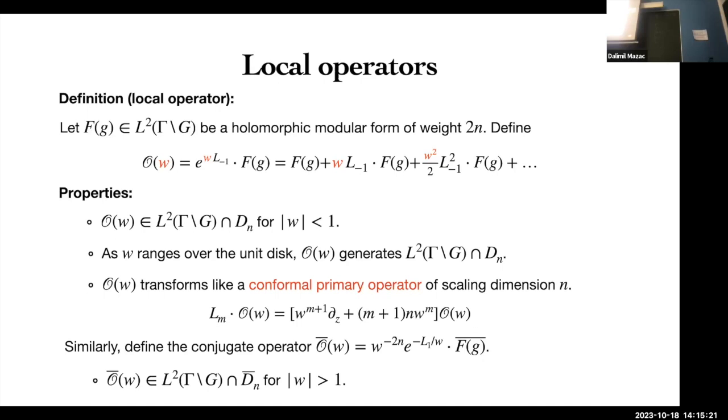You start with a function which is a lowest weight vector, so this is like the primary operator, and you just act on it with a translation. So w just tells you how the function is translated around G mod gamma. It's maybe not super intuitive from the way I defined it, but you should just think of it as an auxiliary parameter in a new space, which is not on the surface itself.